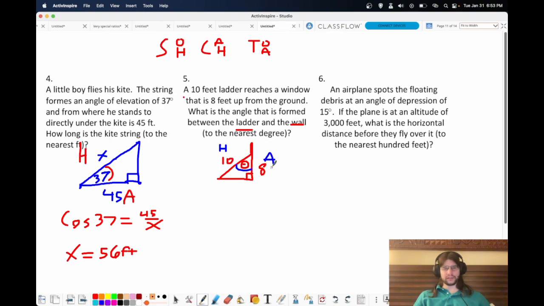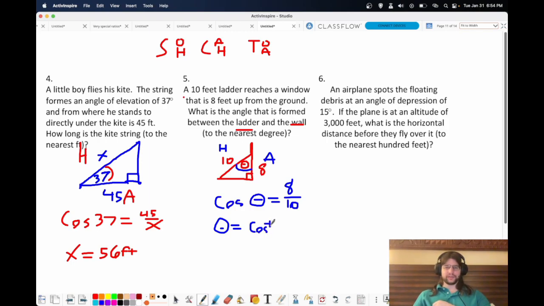So let's write what we have. Adjacent, hypotenuse, cosine again. Cosine of my angle, which in this case we don't know, so I'm going to call it theta, is adjacent over hypotenuse. And to get that theta is equal to the cosine inverse.